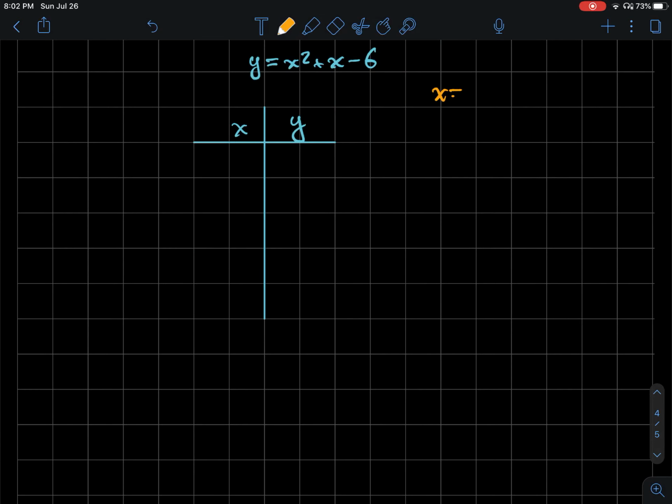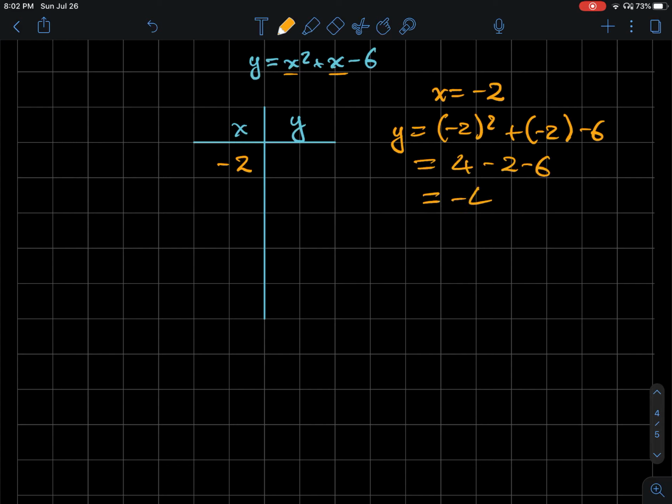Let's say you had x equal to -2, right? Then all you do to get the y value is everywhere you see an x in the equation, you replace it with -2. So this will get us y equals (-2) squared plus (-2) minus 6, or 4 minus 2 minus 6, which is just -4.